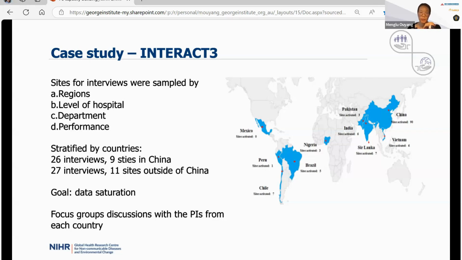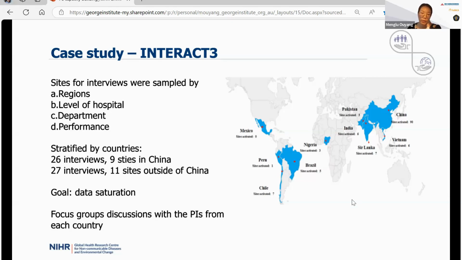And we also consider the different levels of the hospitals, whether it's a tertiary hospital or a secondary or primary health care hospital. And because we involved different departments in the INTERACT3 trial, we purposely sampled the neurological or neurosurgery department or other general wards to participate in the interviews.